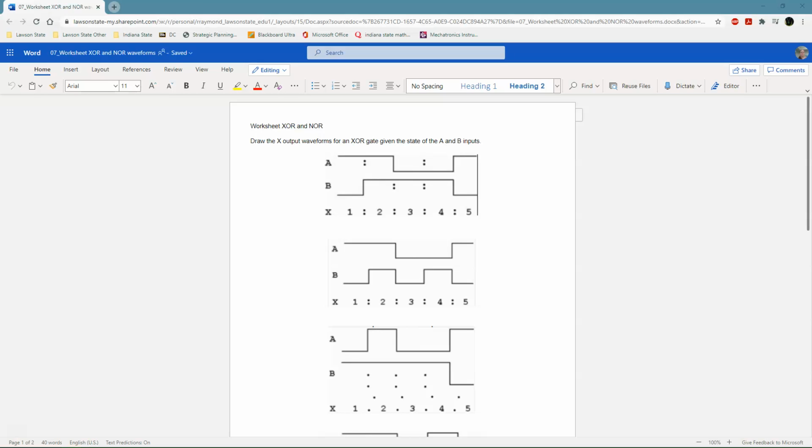However, if mine are different, okay? So if I were to draw this for X, I would get a signal here, I would drop it till I got to about here.